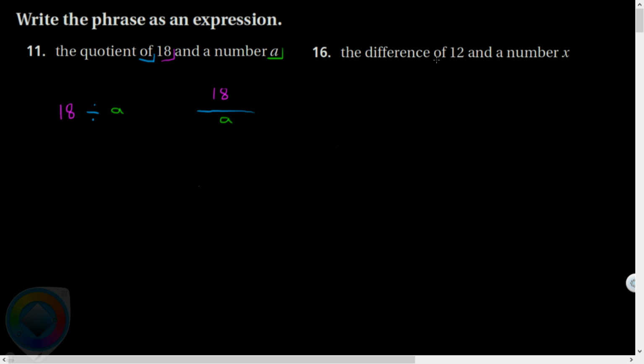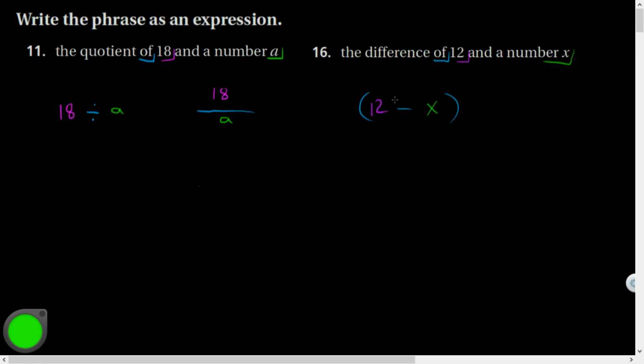The difference of. Difference means subtract, technically with parentheses, although I have a feeling we won't need parentheses here. The difference of 12, you're tracking this, right? Make sure you get all this down in case you got something wrong last night. Difference of 12, so the first number is 12, and a number X, so X is the second thing.